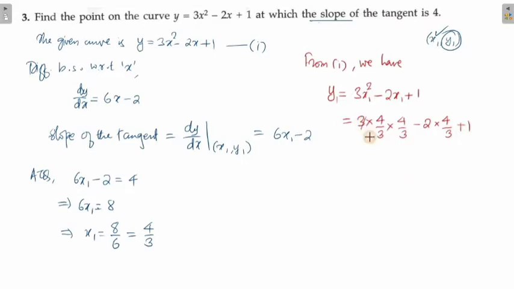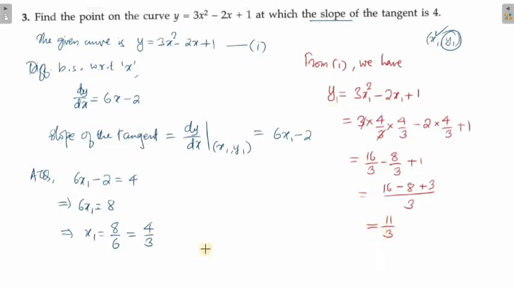First let's cancel these two, so this becomes 16 by 3 minus 4 2s are 8, this is 8 by 3, plus 1. Now find the LCM, so LCM is 3, so 16 minus 8 plus 3. 16 minus 8 is 8, 8 plus 3 is 11, so what you're going to get is 11 by 3. So you got the value of y1 also.